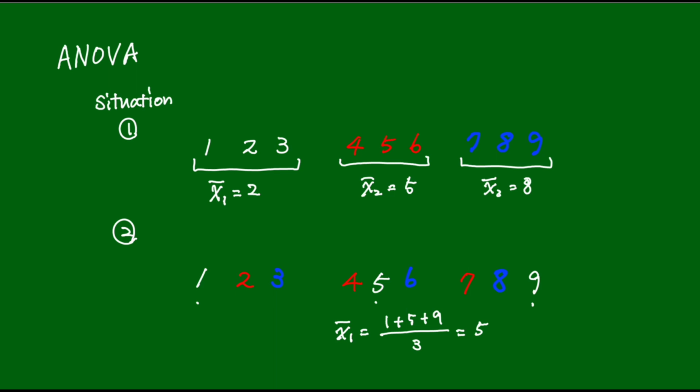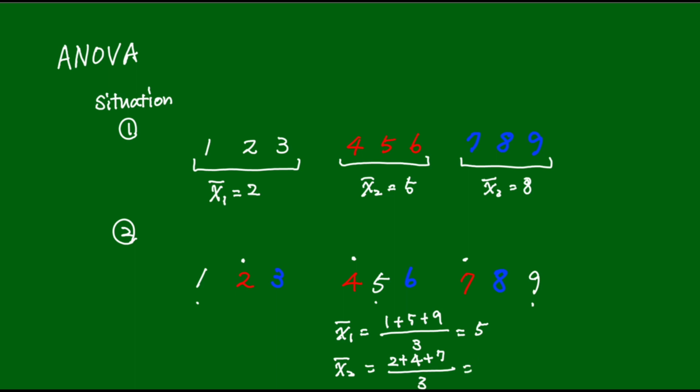so 15 divided by 3, I get 5 for x1 bar. Okay, and x2 bar is the sample mean of the data which came from class 2. So I want to calculate the summation of these three numbers, 2, 4, 7, and divide by 3.